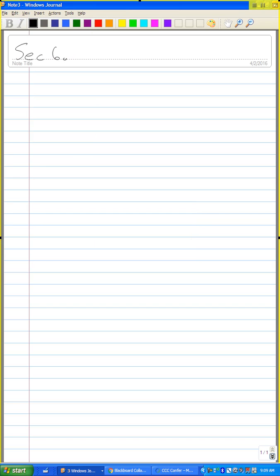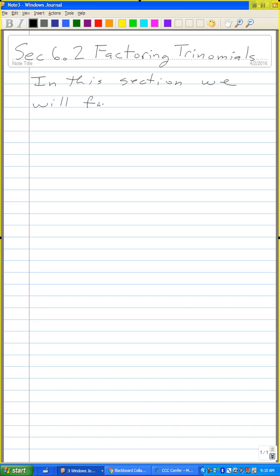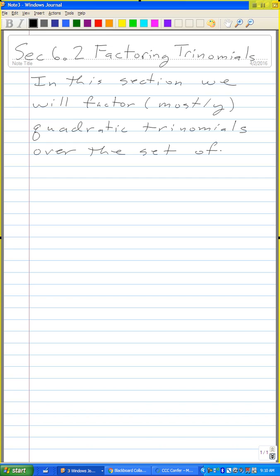Section 6.2, Factoring Trinomials. So in this section, we will factor, well, we'll mostly factor, at least mostly, quadratic polynomials, quadratic trinomials over the set of rationals.